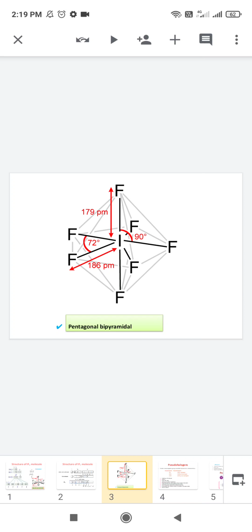In the axial position we have a bond length of 179 picometer, whereas in the equatorial position we have 186 picometer. Now the angle between two fluorine atoms in the equatorial position is only 72 degrees.